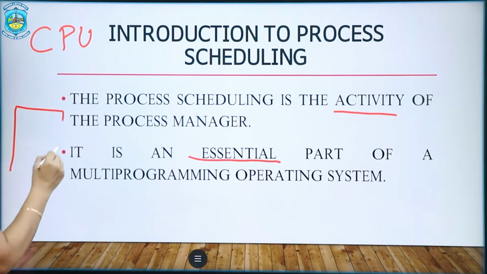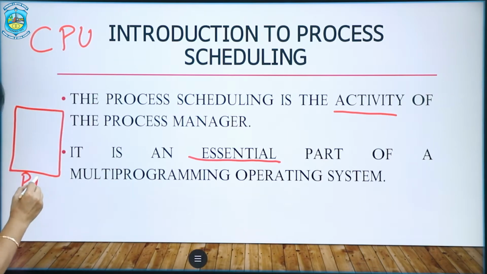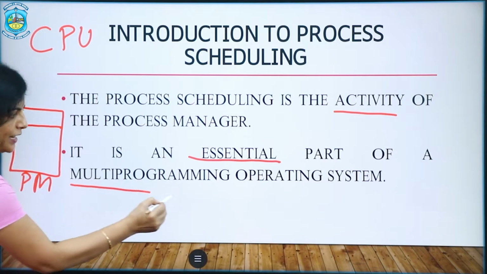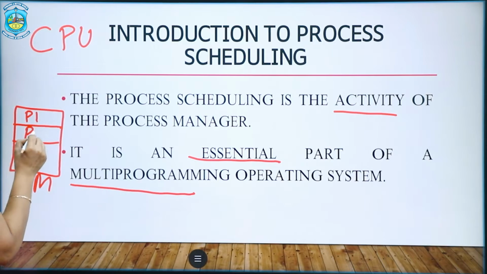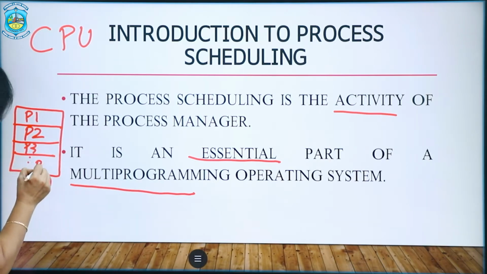Let's say this is primary memory, and in the primary memory, in a multi-programming environment, n number of programs can be kept, like process 1, process 2, process 3, and n number of processes.